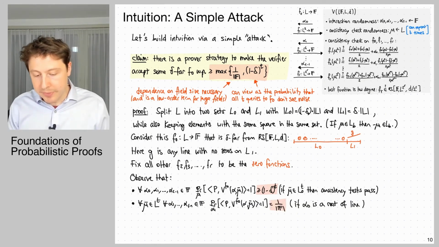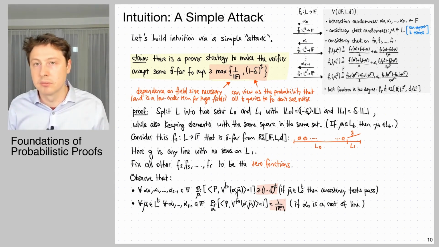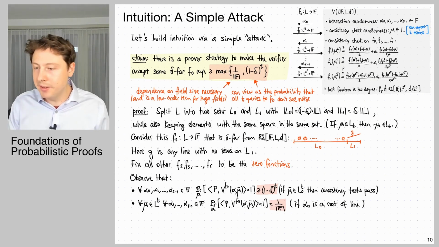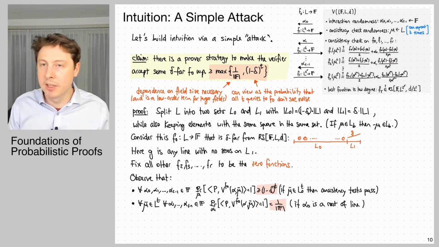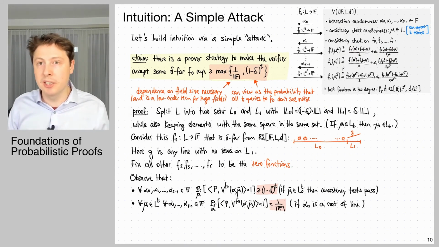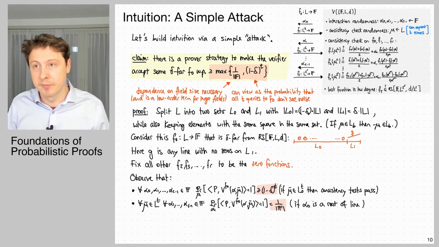At the same time, no matter what the consistency check is, and no matter what randomness we have later on, in the first round it could be that alpha 0 is a root of the line. And so we get a function that will evaluate to 0 even though we started from a function that was non-zero, right? Because it was a line.